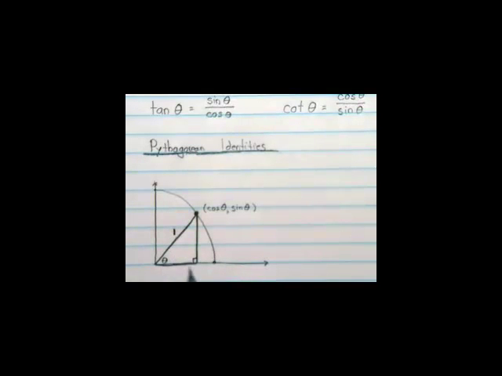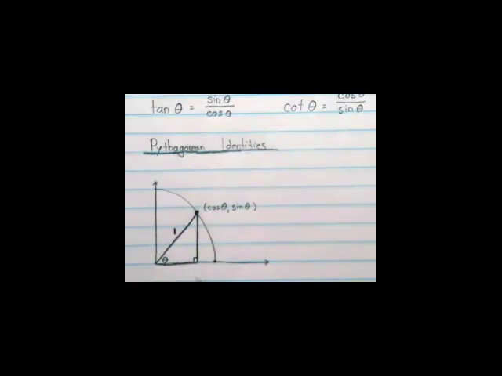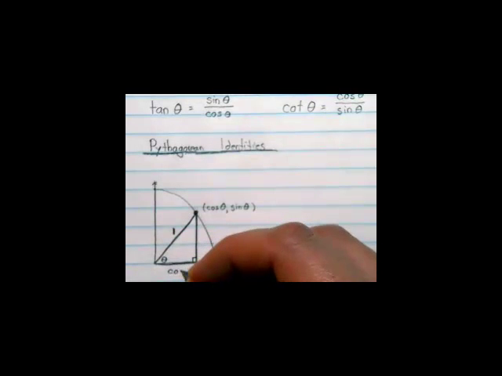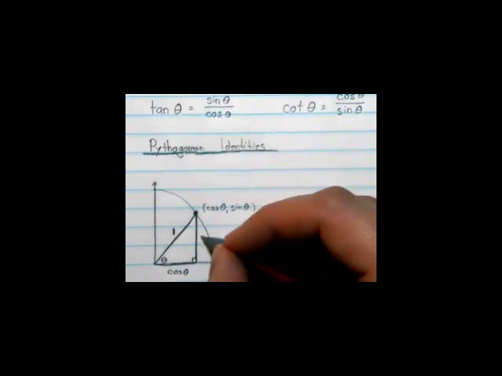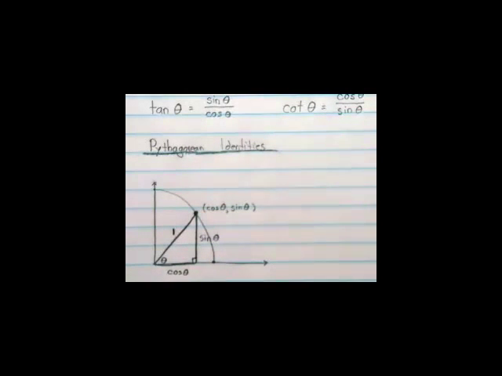What's the length of the base of this triangle? Cosine theta, right? If that's the x-coordinate, it's got to be how long this is. So this side is cosine theta. And then what's the height of the triangle? Sine theta. Okay, keep in mind, we're talking about Pythagorean identities, right?